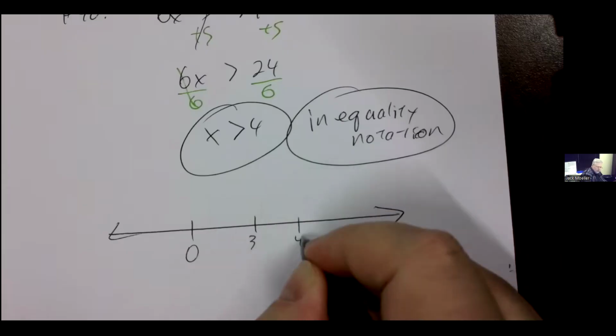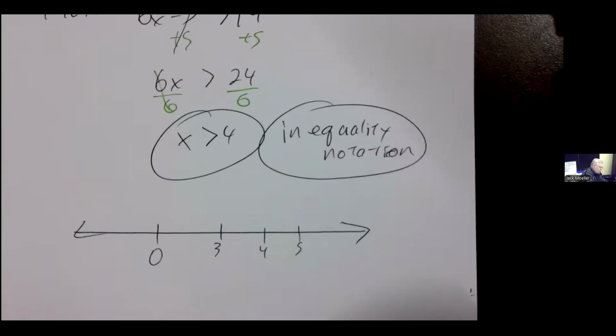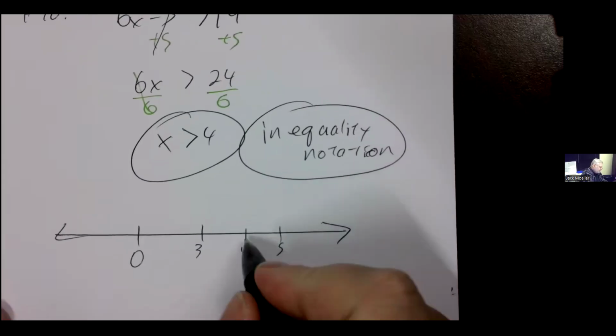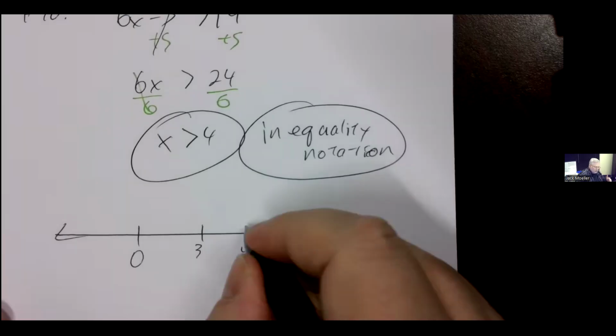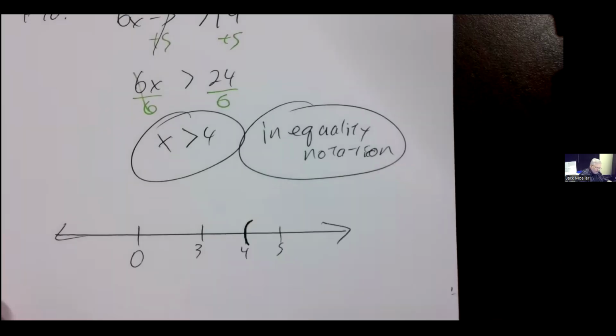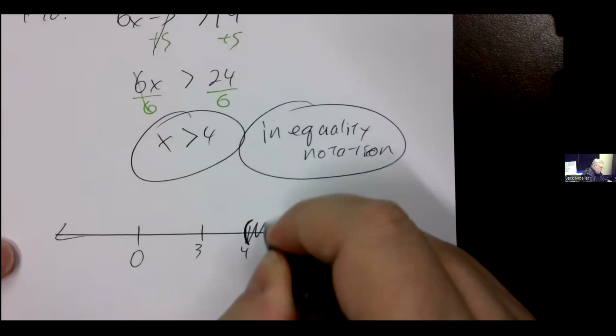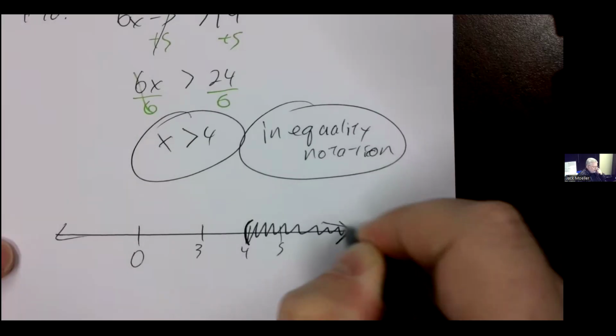So if it's greater than, we're starting at 4. Do we use parentheses or brackets? Well, we use parentheses because there's no equal to, and then greater than goes to the right. So that's what the graph looks like.